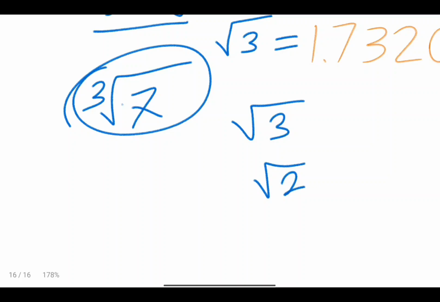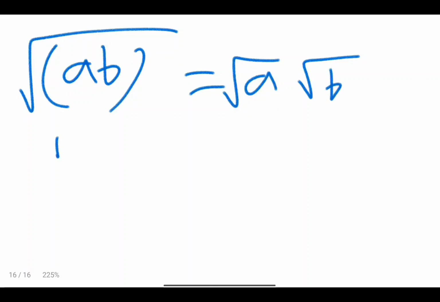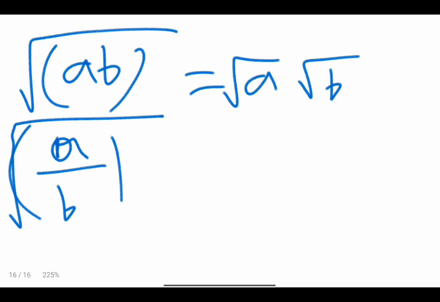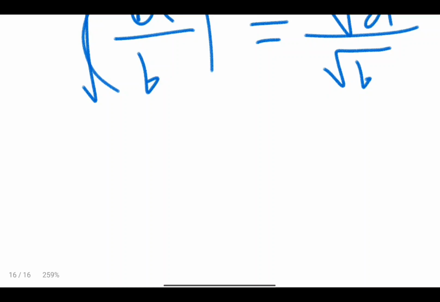Now, from our previous understanding, I think we are pretty clear about two things. That is, this equals this, and this equals this. So now let's do a few maths with this.